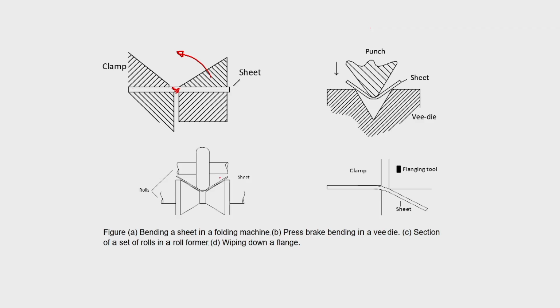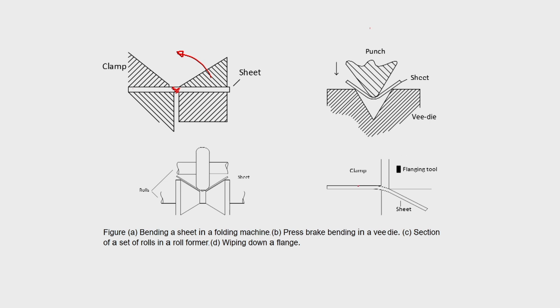This is one of the techniques of making corrugated sheets, tin sheets, or galvanized sheets. The advantage is that even if it is a very long sheet, when you are taking it from a coiled form, you can have it in a continuous way, and later after this bending operation you cut it.